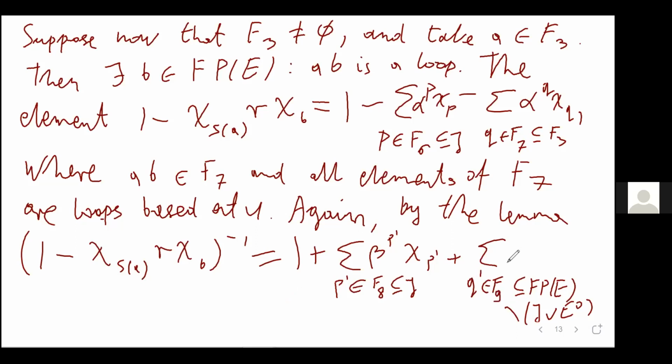And I have beta Q prime chi Q prime. Okay, this is already something. I mean, we know that the inverse is of the form 1 plus something. This will help us in our calculations.